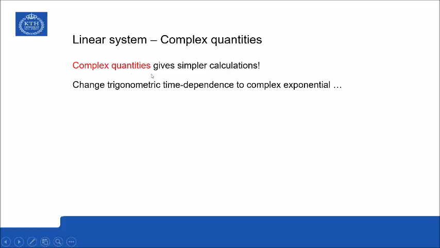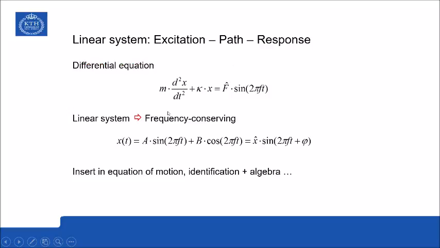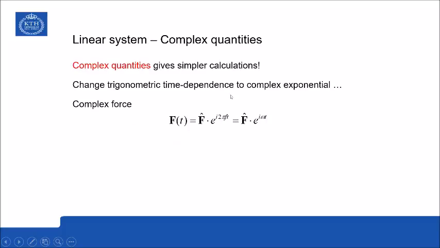And what we do is change the trigonometric time dependence to a corresponding complex exponential time dependence. So we change the sine term we saw earlier to the corresponding complex exponential.